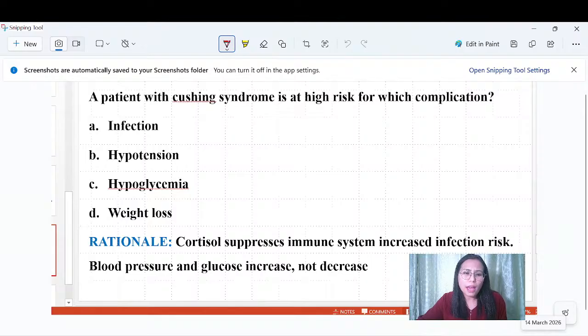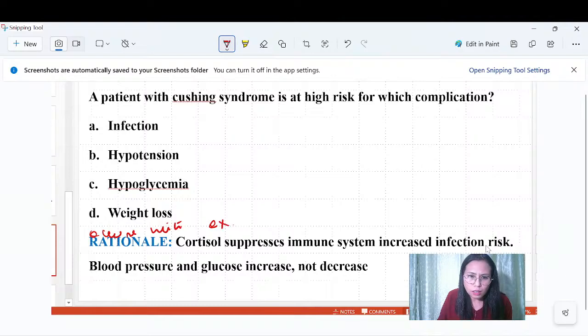So we have to monitor for hypotension. The other options are wrong. The first option is infection. The second option is hypoglycemia.